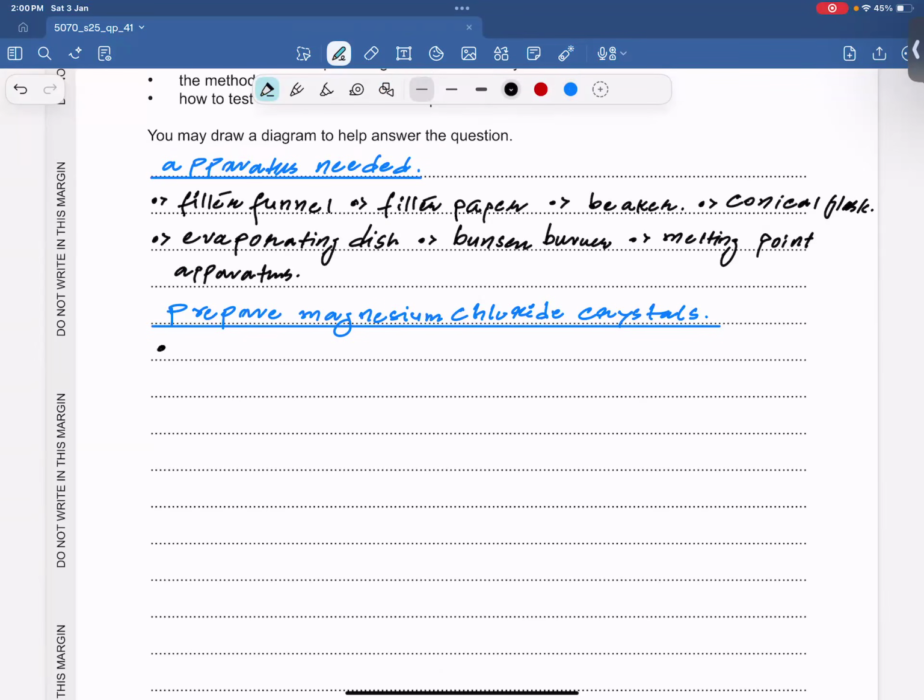Let me write it down in bullet points. Add mixture Q in a beaker, in a 100 cm cube beaker.